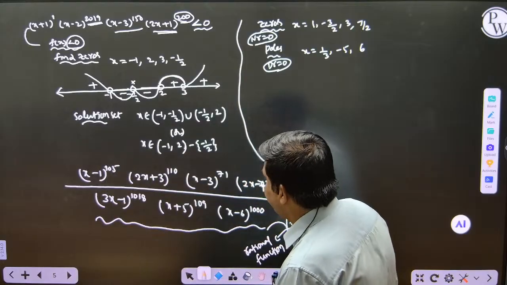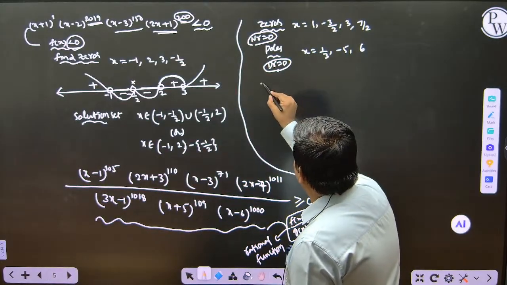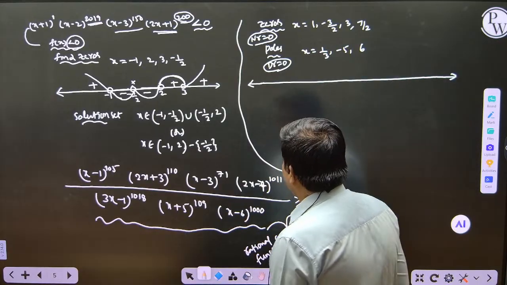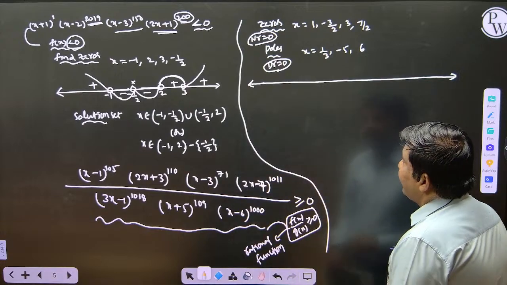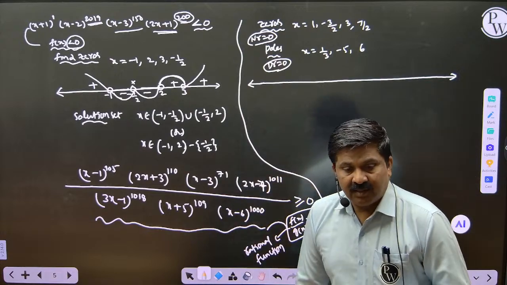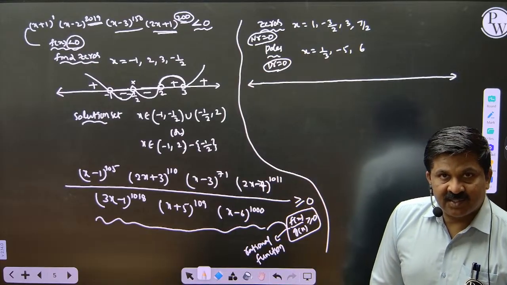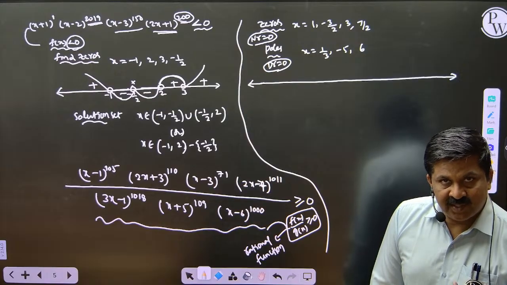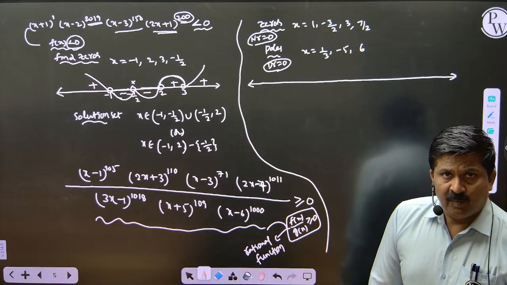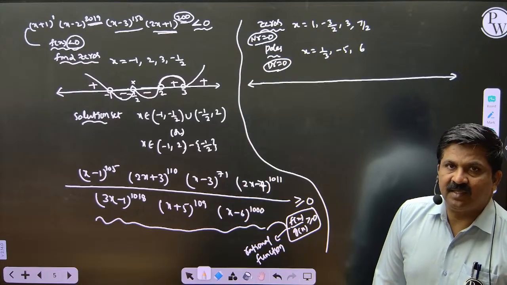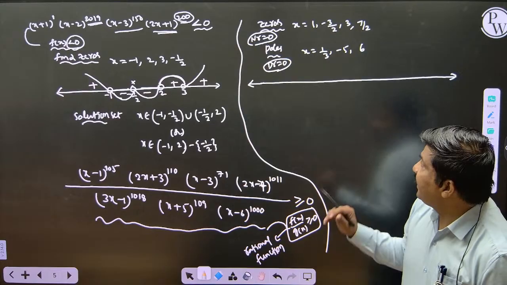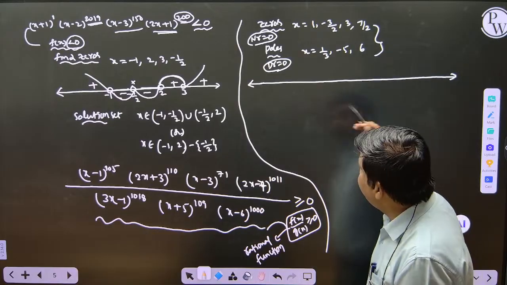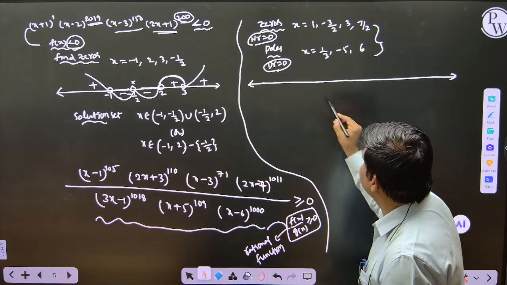Now write everything in increasing order. While writing in increasing order, don't write first only zeros, then poles; consider poles and zeros together. Which comes first?